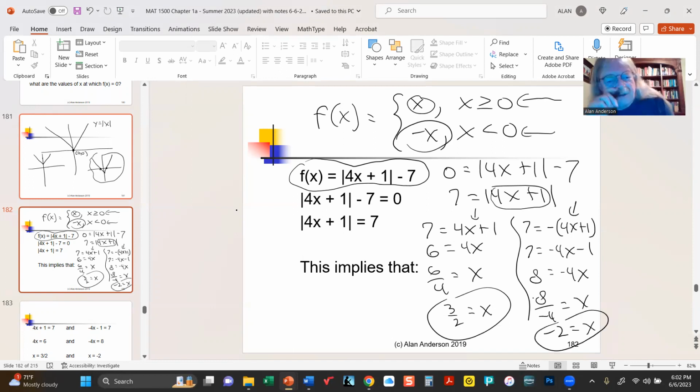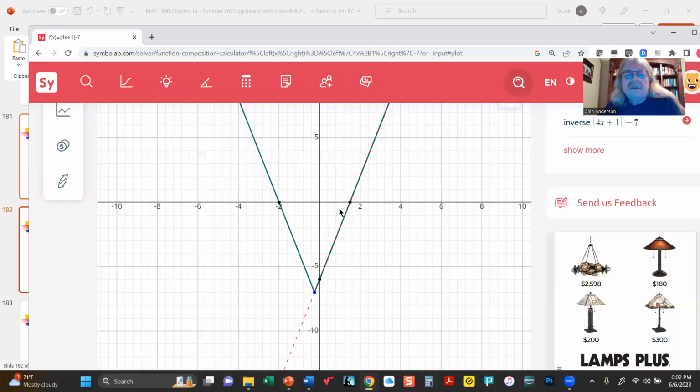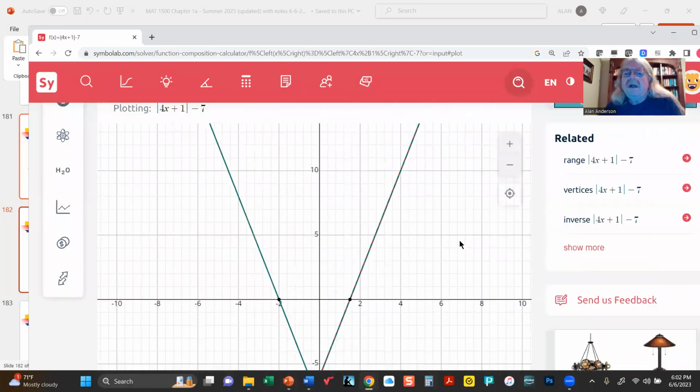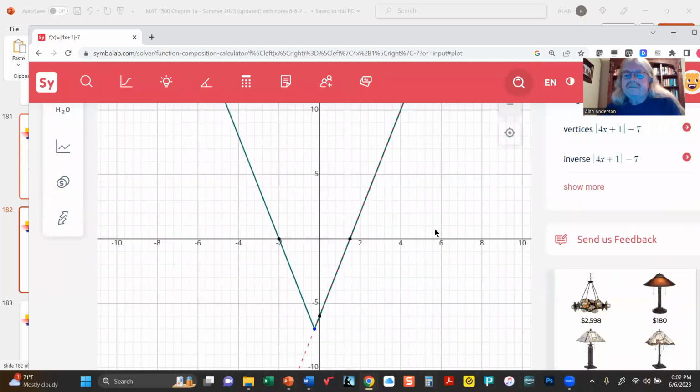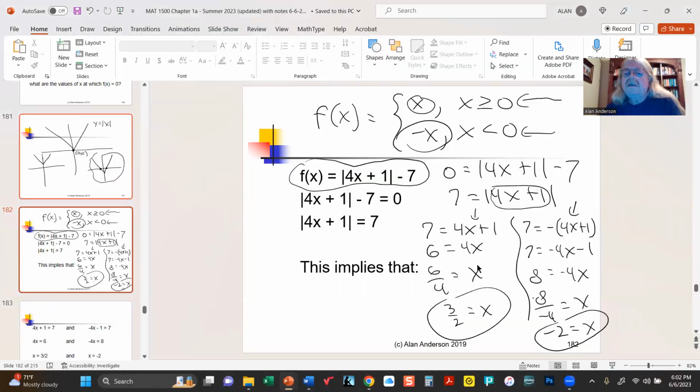So Symbolab appears to have been correct. 3/2 and -2 are the solutions of this absolute value function. In both cases, substituting either of these, in fact, you can prove it right now. In the next slide, let's just do that real fast.